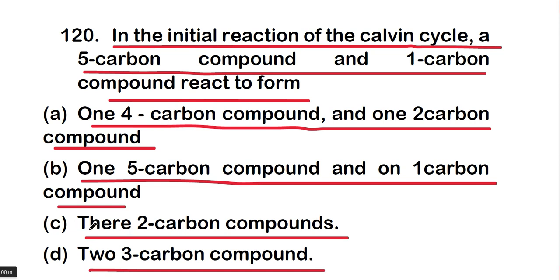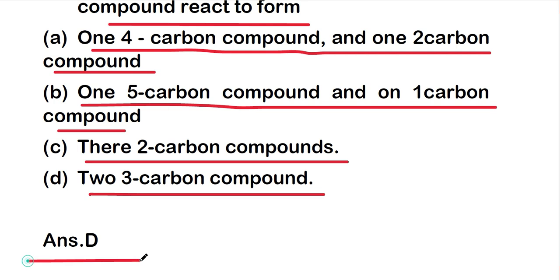Here I made a mistake, that is option C is three 2 carbon compounds, and option D is two 3 carbon compounds. And the right answer about the Calvin cycle is option D, that is the product is two 3 carbon compounds.